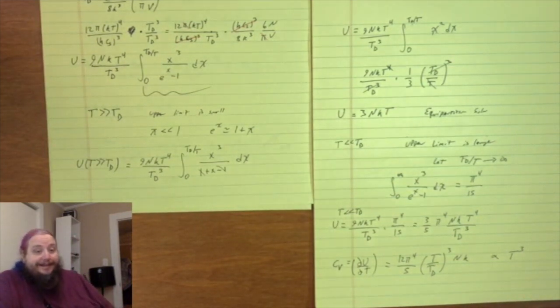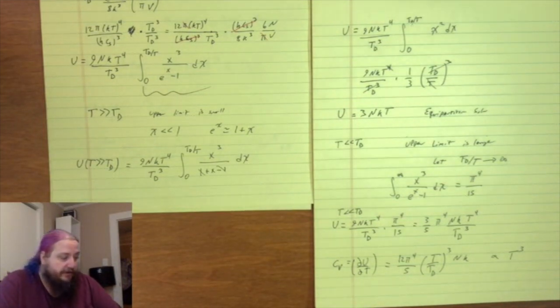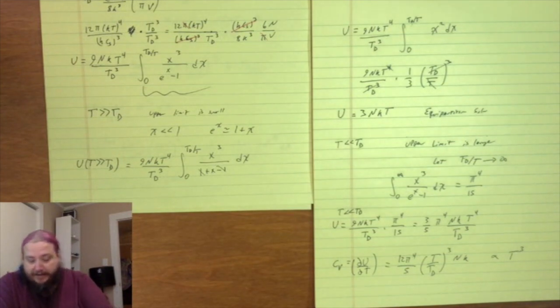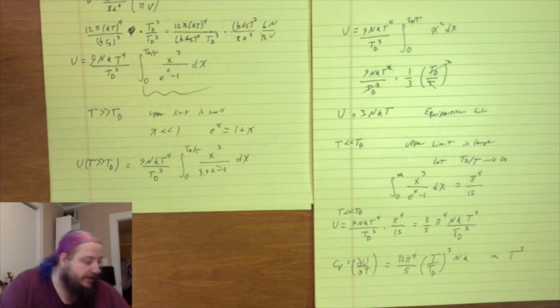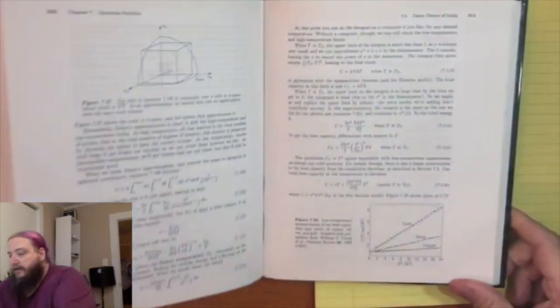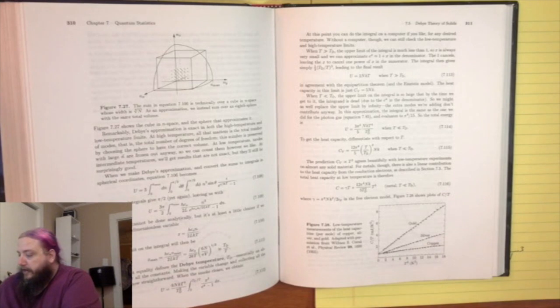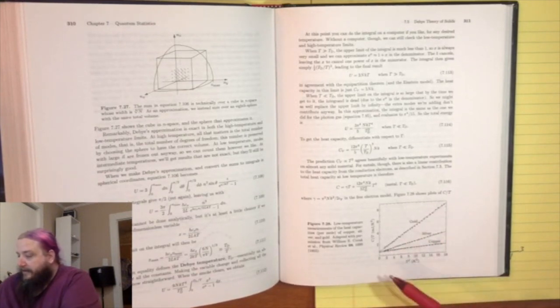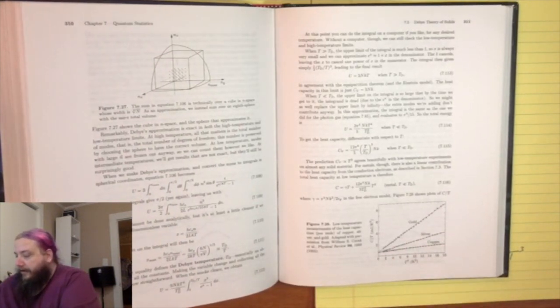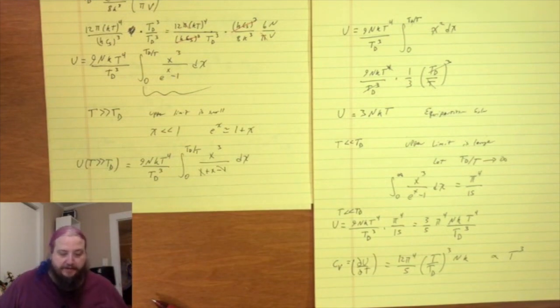So the temperature dependence of the heat capacity of solids would be expected to go as T cubed in the low temperature limit. And indeed, here we can see some actual experimental data for gold, silver, copper, showing that we get T cubed behavior at low temperatures in the heat capacity.